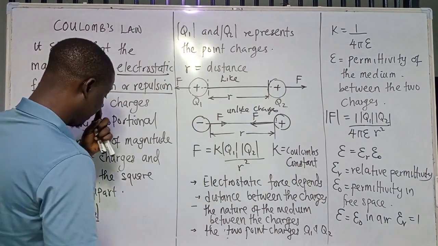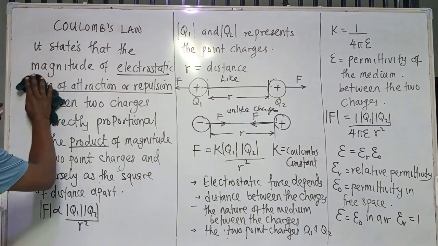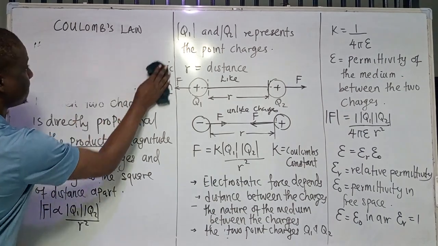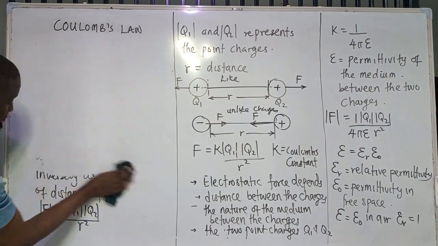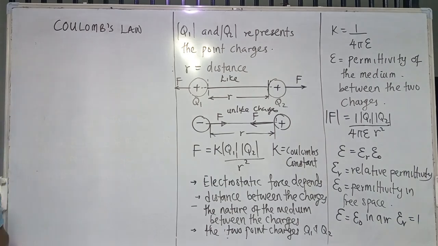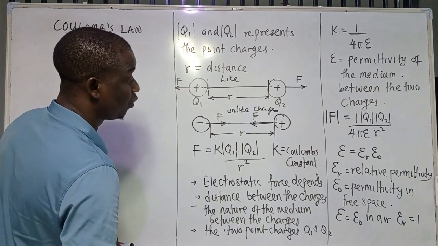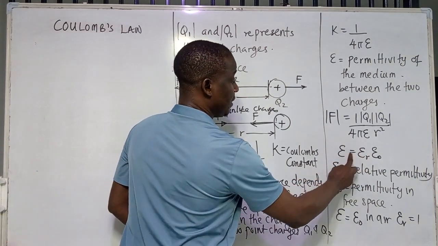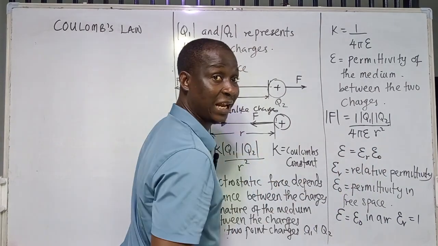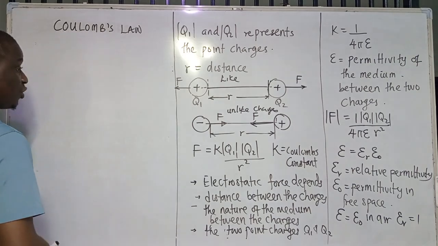Now, as I was saying, in air epsilon R is equal to 1, and if you put 1 here, epsilon becomes epsilon naught, which is the permittivity in free space or in vacuum.